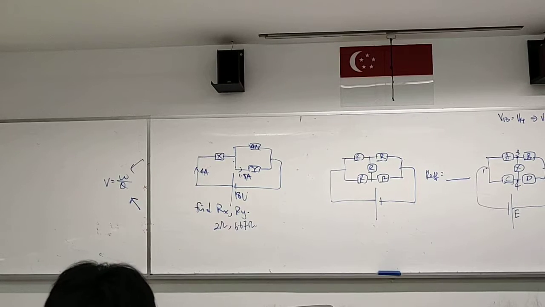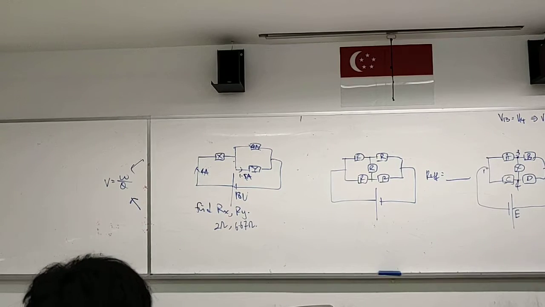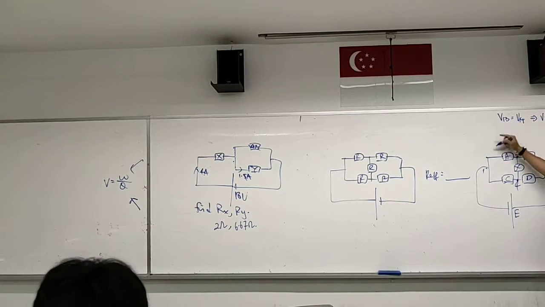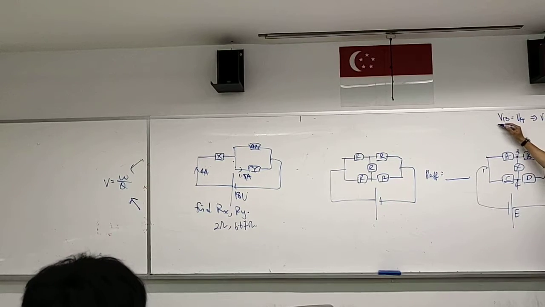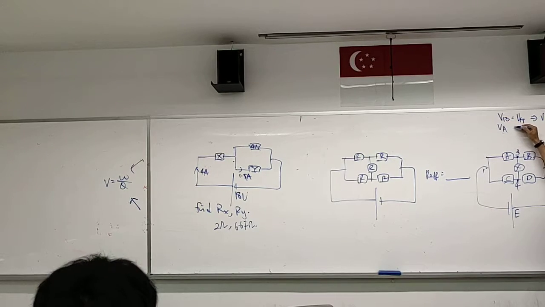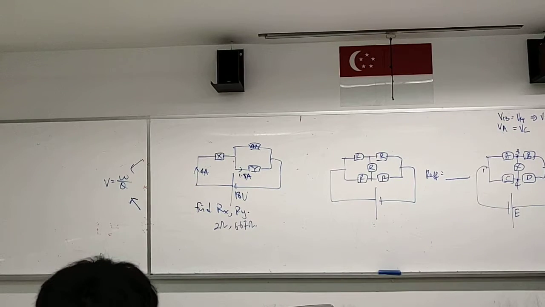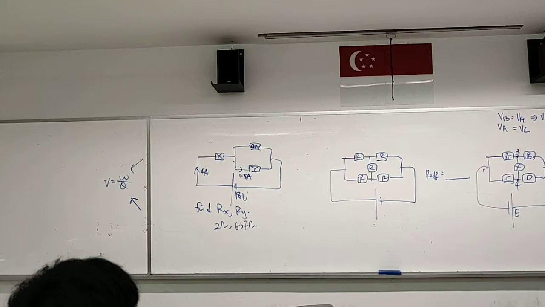If the potential difference across 1-3 and 1-4 are the same, then the potentials over here are the same. Agree? Okay, so using what you derived just now, V13 equals VA equals VC. The potential difference across resistor A equals the potential difference across resistor C.